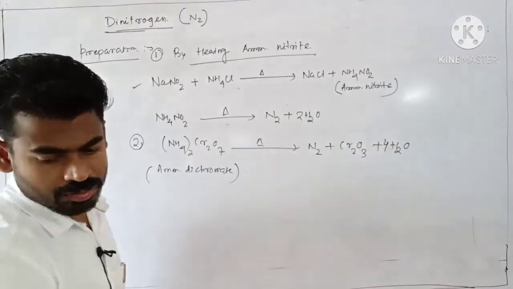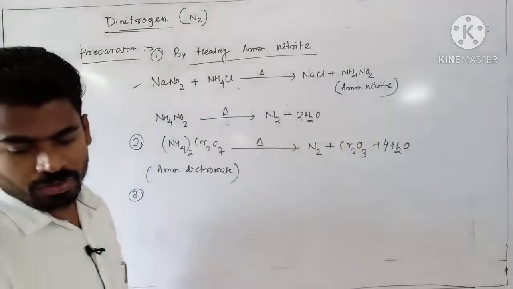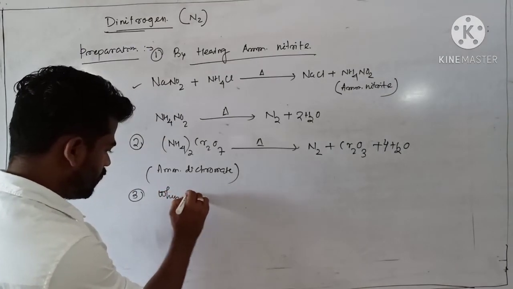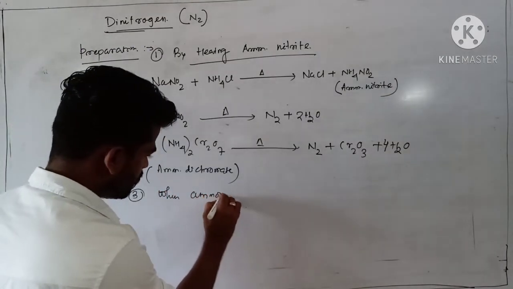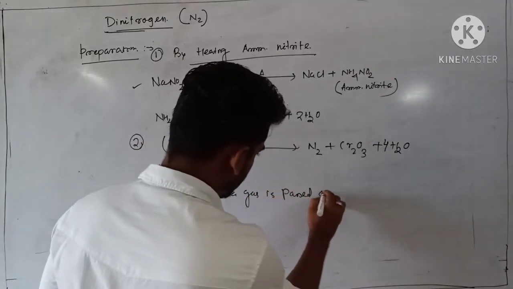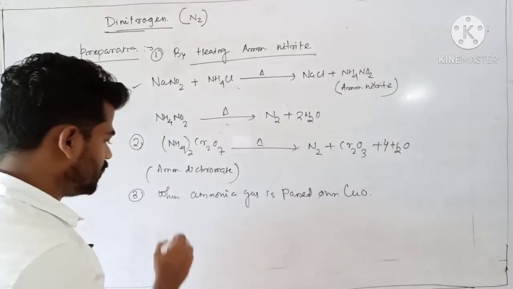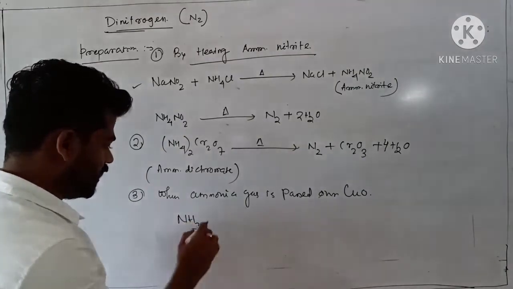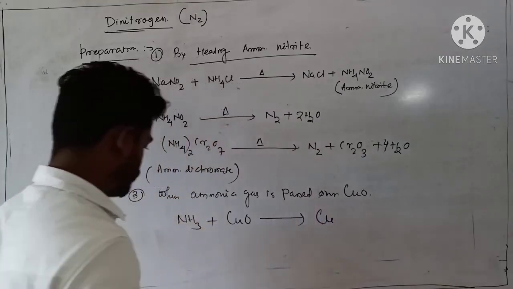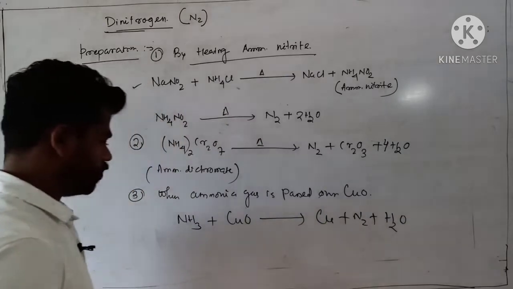Now dinitrogen can also be obtained when ammonia gas is passed over cupric oxide. The reaction can be written as NH3 plus CuO giving pure copper plus N2 plus H2O.